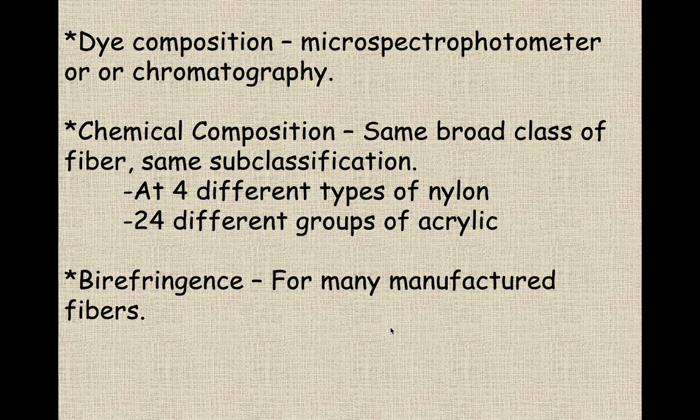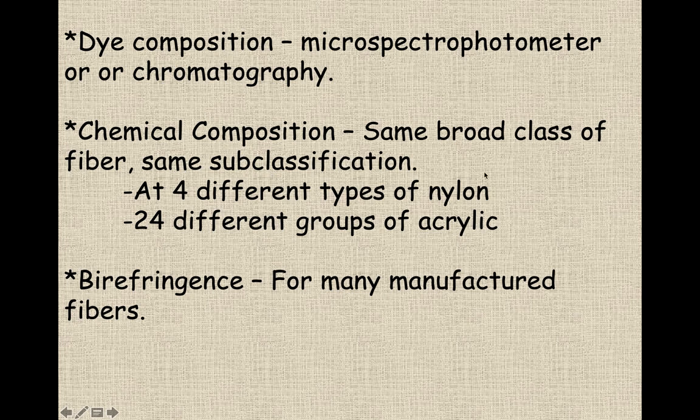It's a microscope where you can observe the specimen, but it also has a spectrophotometer on it that will give you a chemical composition, specifically in this case, the dyes. So if you have one particular manufacturer making textiles and making the fibers, you can identify the chemicals that they're using and try to match that up to the crime scene sample.